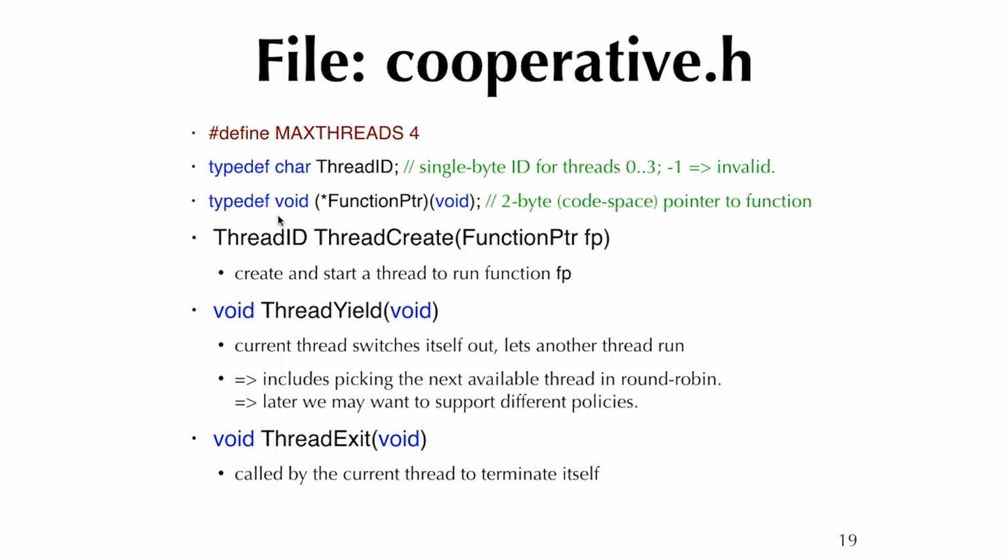And then typedef void (*FunctionPtr)(void); Everybody understands how this works, right? Yes. Or haven't you seen this in C? You should have seen this in C. That is to declare the name FunctionPtr as the name of a type. What type is it? It's a function pointer.